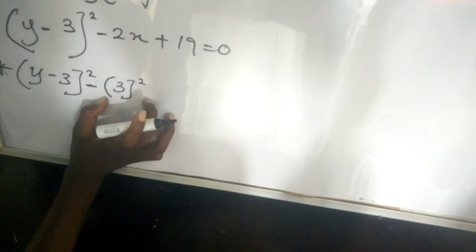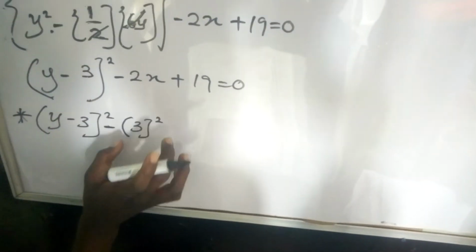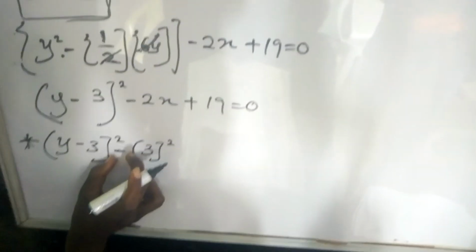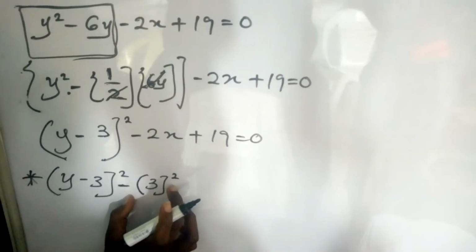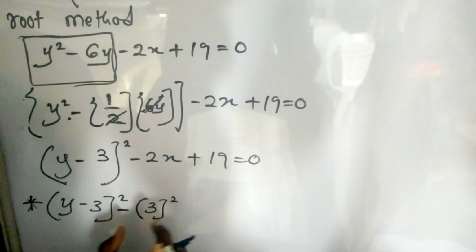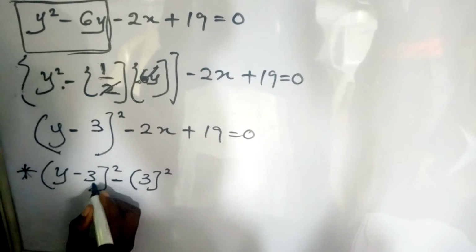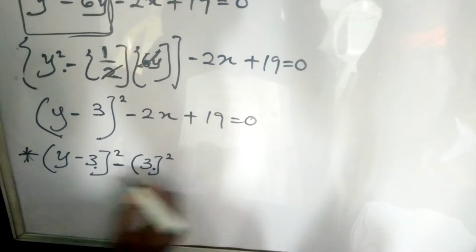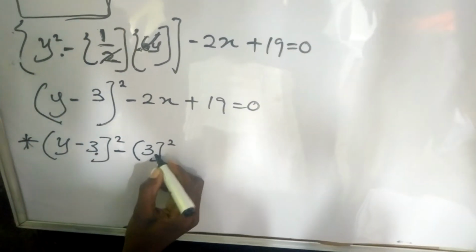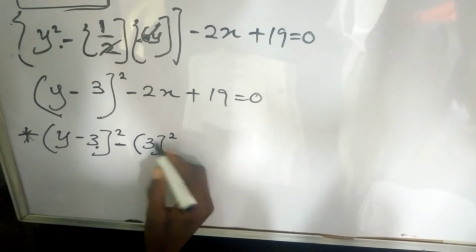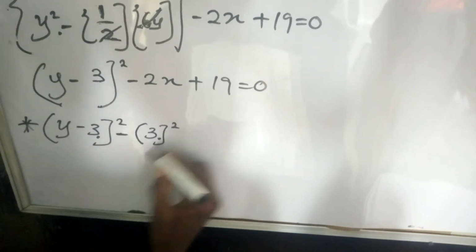Always take note that if you are solving by completing the square method, the minus is a constant, and the 2 is constant. Anything you have here, if it is 4, will appear here. If it is 5, will appear here. So do you understand? So you are going to have 3 close bracket square.